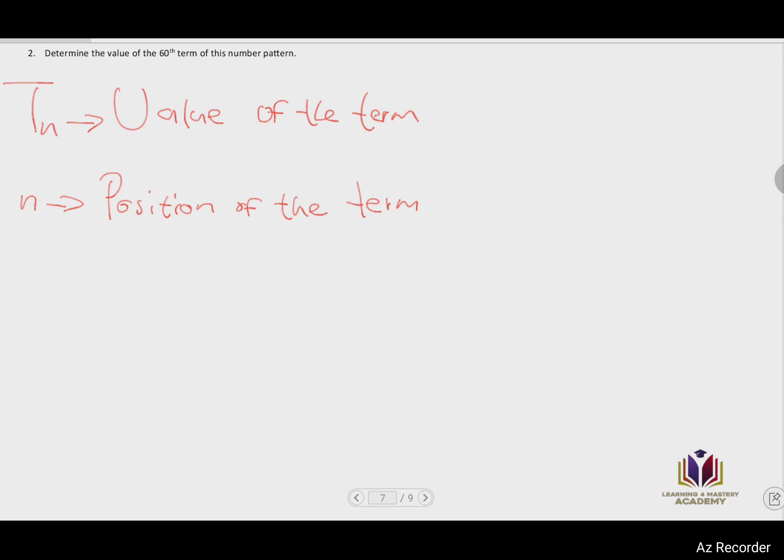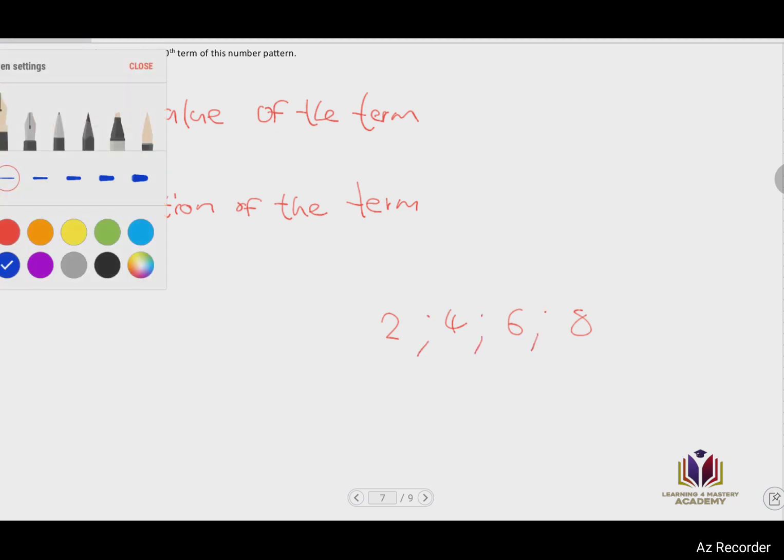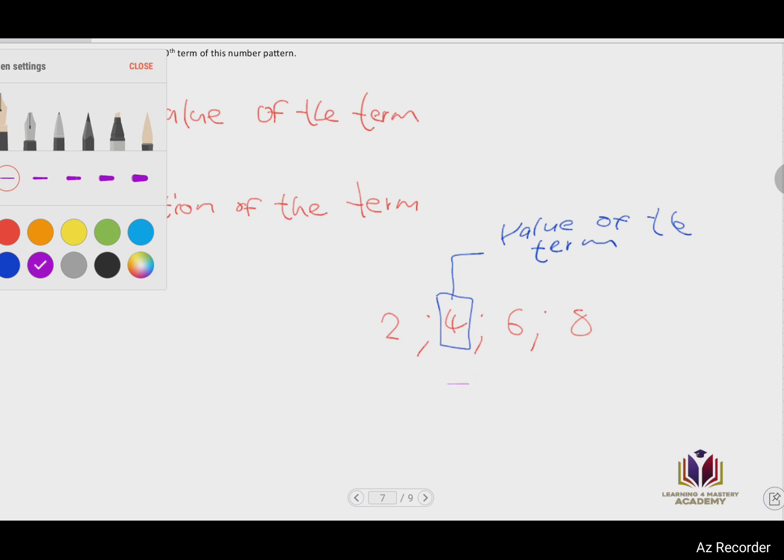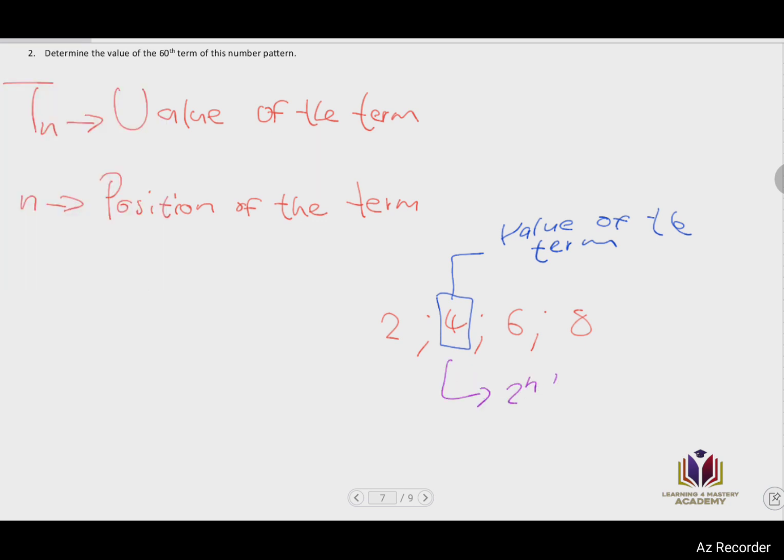So let's make an example. If we have a pattern 2, 4, 6, 8, let's take 4. So 4 would be the value of the term. And second, because 4 is the second term, second would be the position.